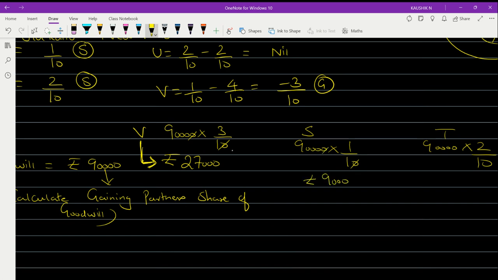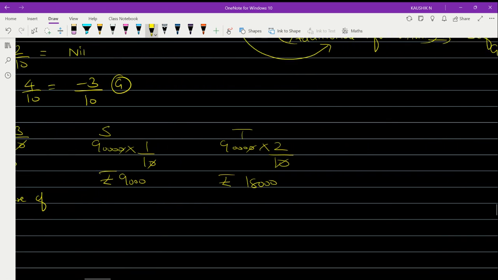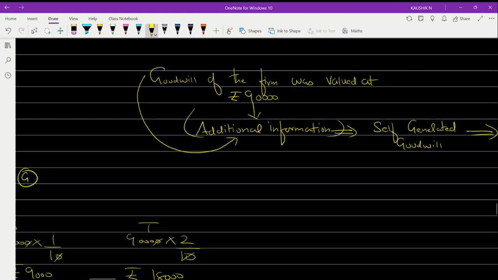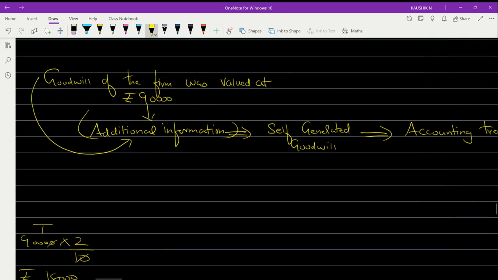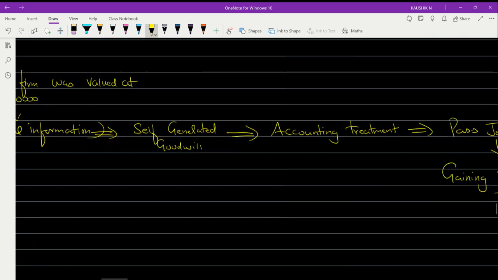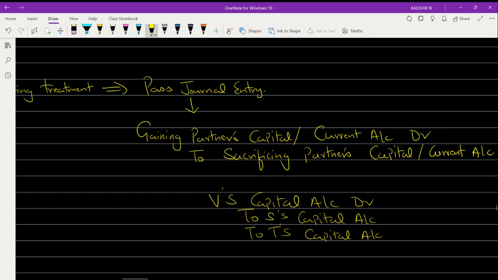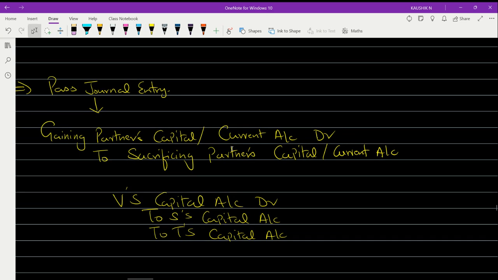For S it is 9,000 rupees, and for T it is 18,000 rupees. Now this is the amount you are going to split. That is, the gaining partner's capital account is debited. V's capital account is debited 27,000, to S's capital account 9,000, and over here 18,000.